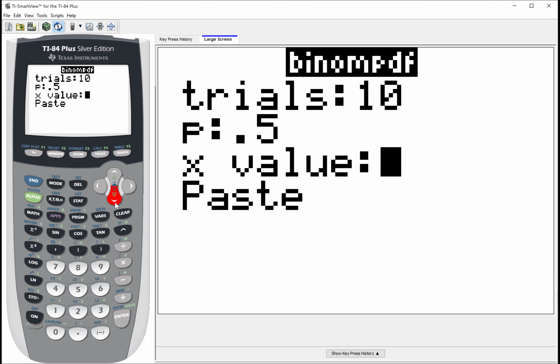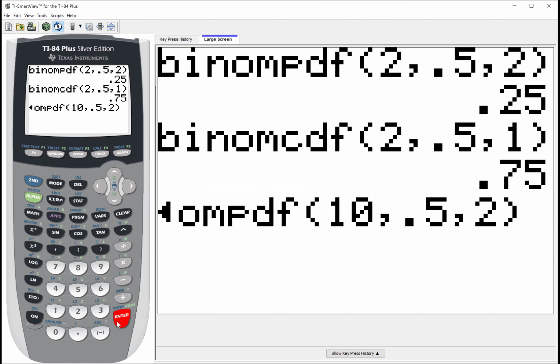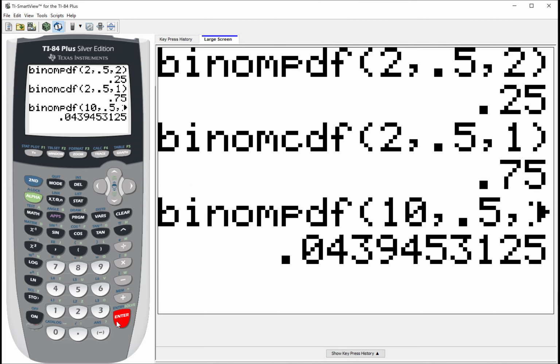And remember, the X value is how many successes are we interested in calculating? And it's 2. We're trying to find the probability that the number of boys is exactly 2. So that's the X value. And then we paste and then press enter. And let's go 4 places. So to 4 places, the probability is about 0.0439.